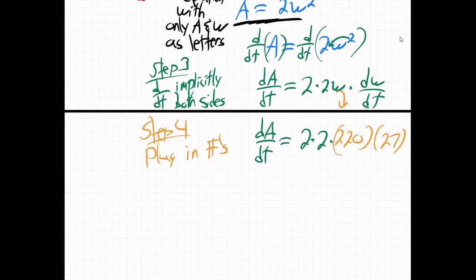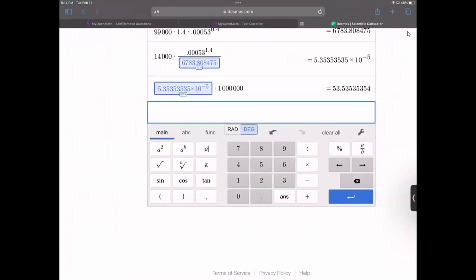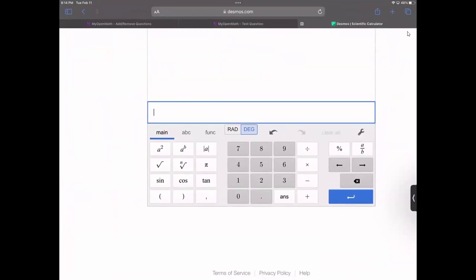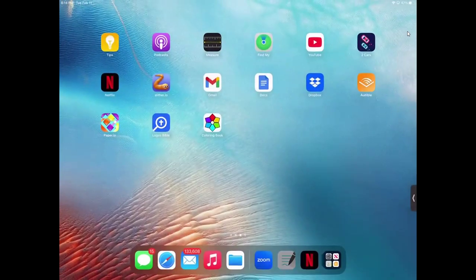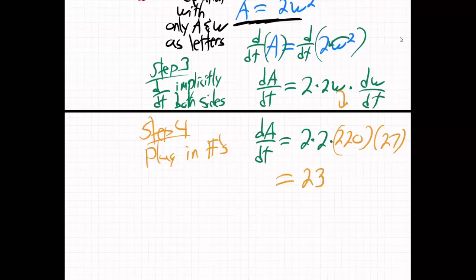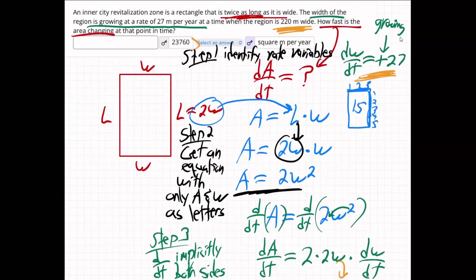All right, so if you hit the buttons on your calculator, 4 times 220 times 27, what do you get? 23,760. Beautiful. There's the answer.